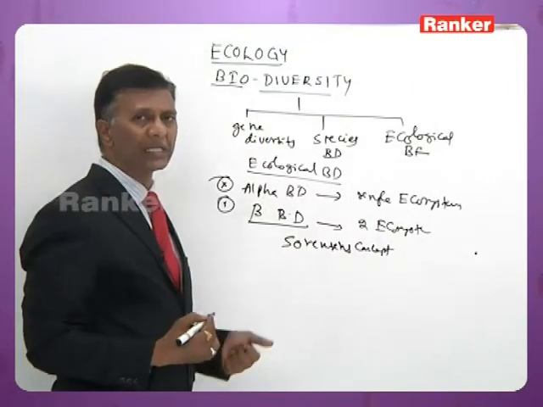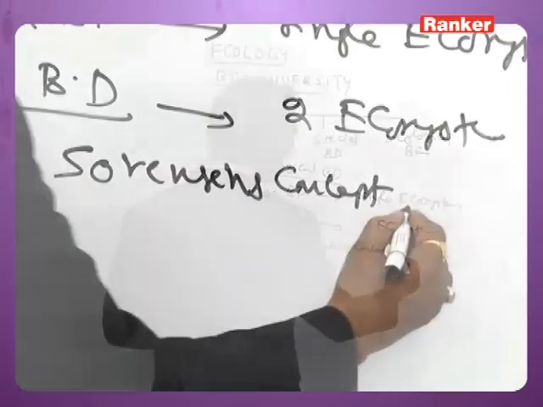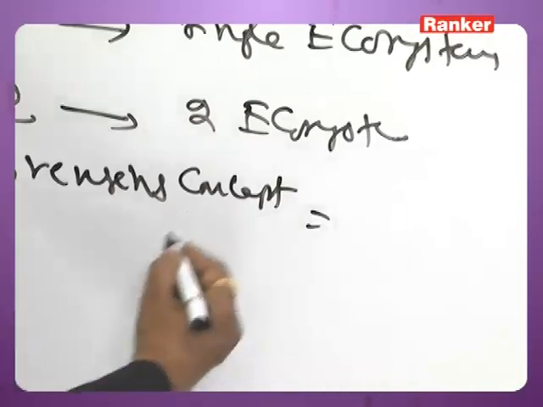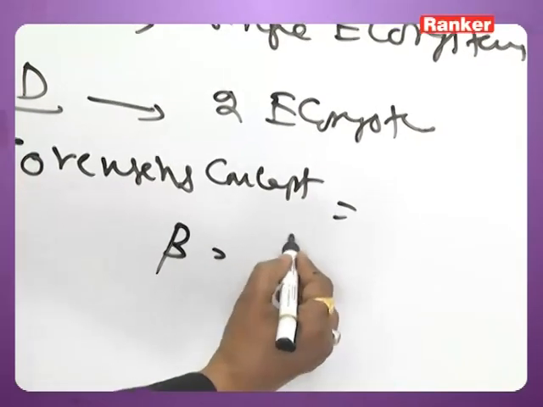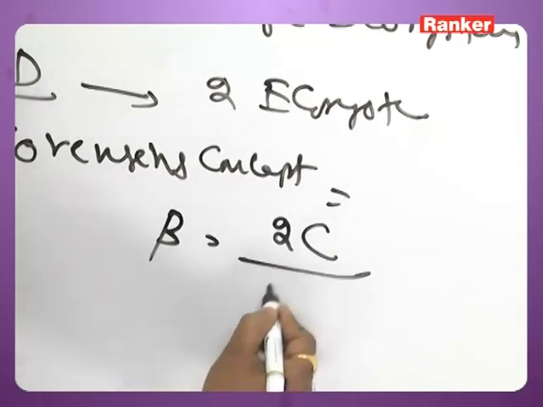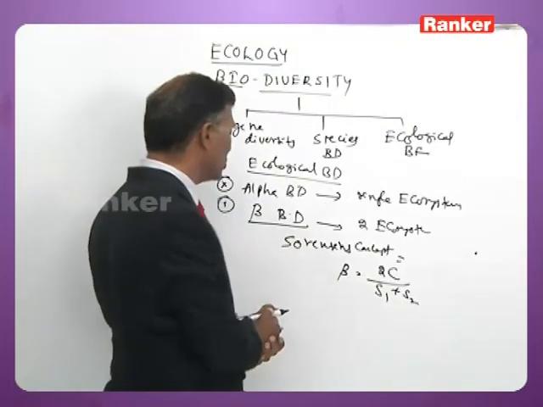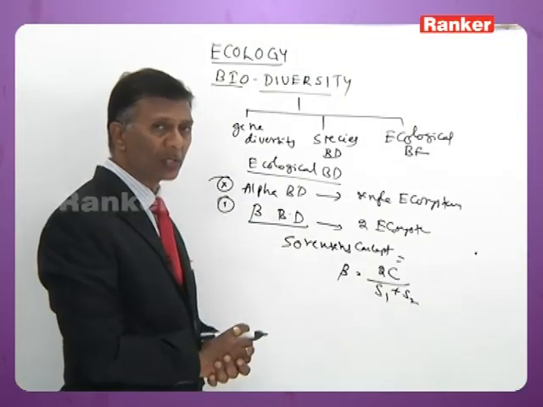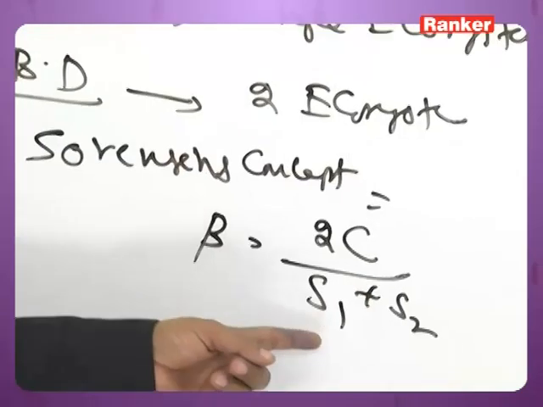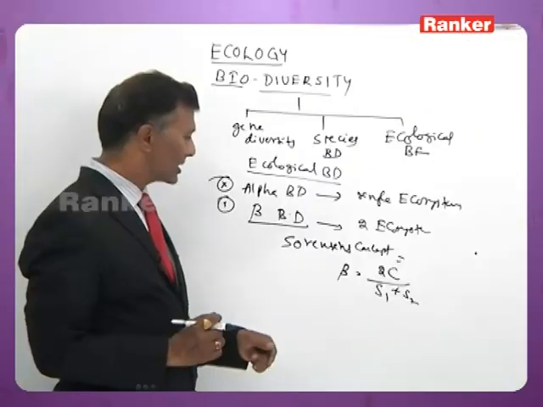Sorensen's concept is determined by means of the formula: beta diversity is equal to 2C by S1 plus S2. S1 is the diversity of organisms in one ecosystem.